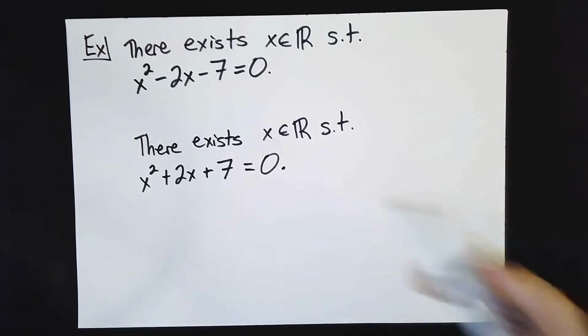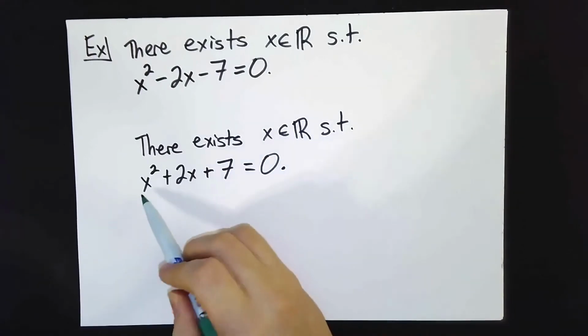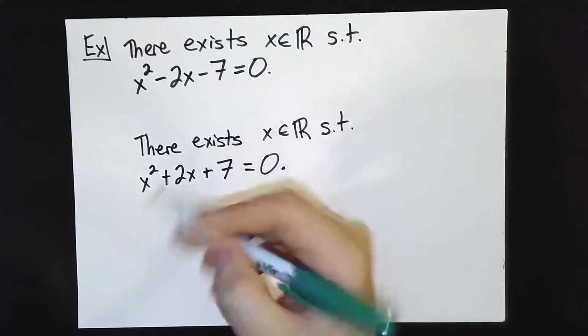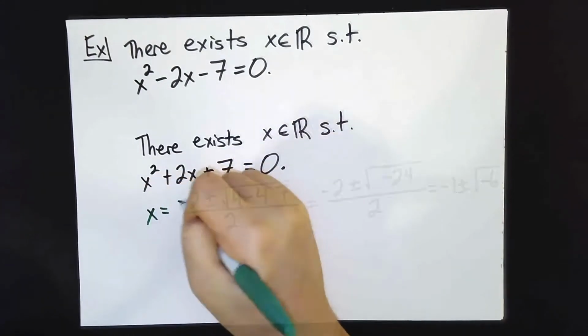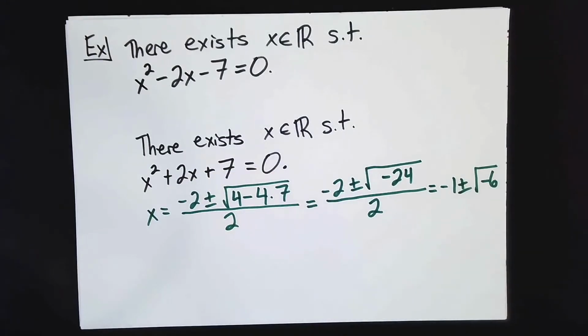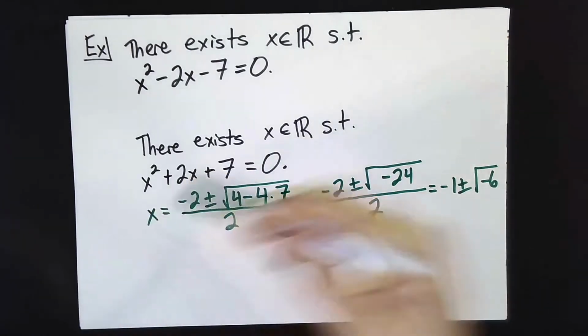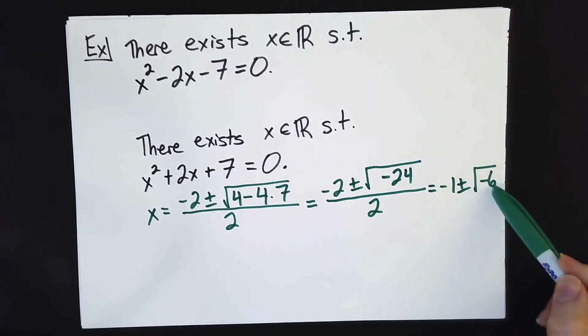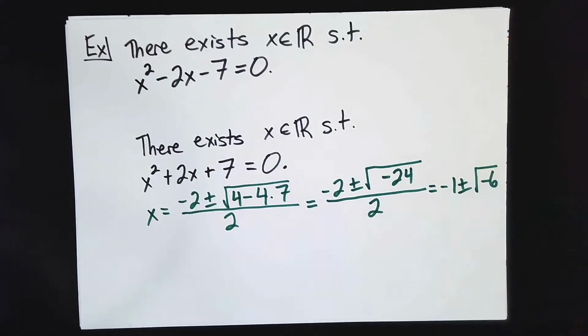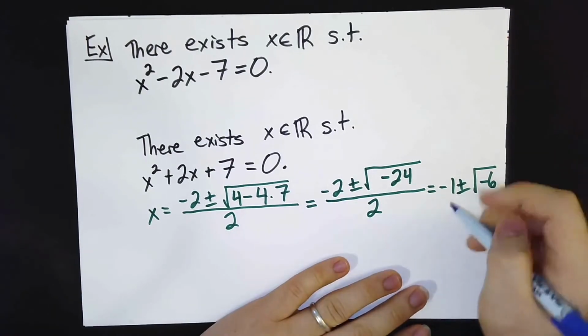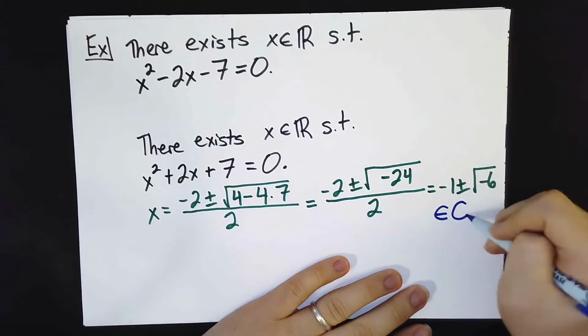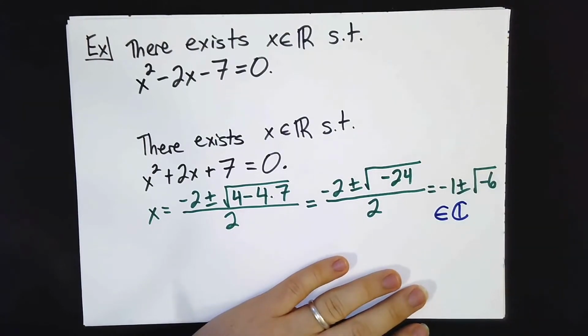I'm going to go about doing this by writing down what I know the solution of this equation is using the quadratic formula. Now, this isn't going to work out to be anything particularly nice, but rather notably, my answer has a square root of a negative number in it. And so, in fact, these solutions, they're in the complex numbers.